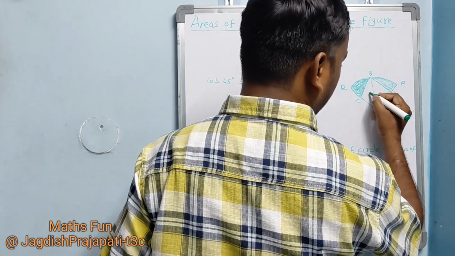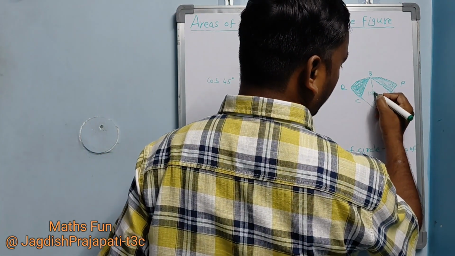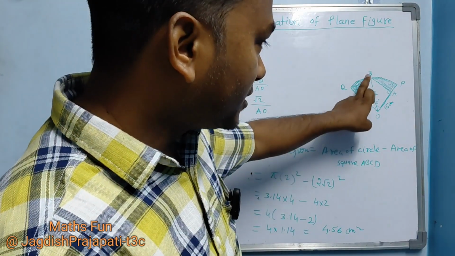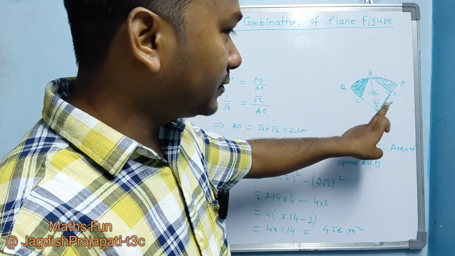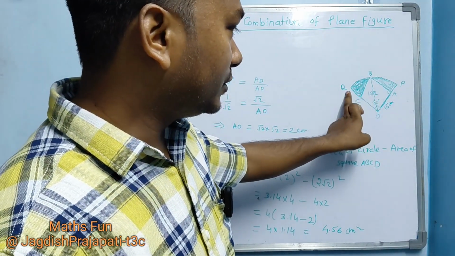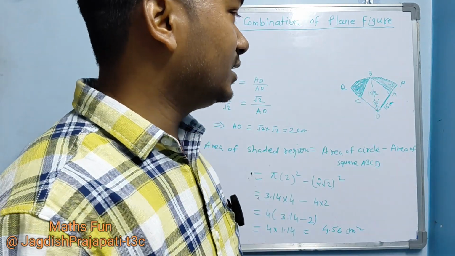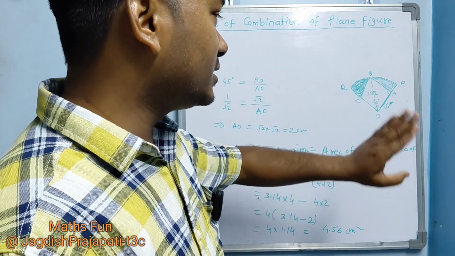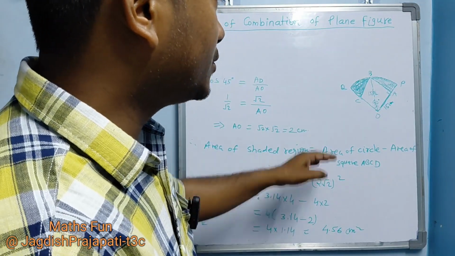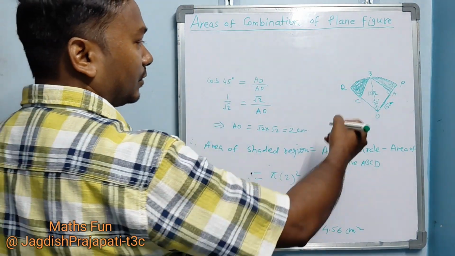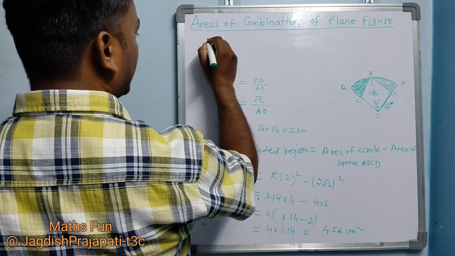And I think this will be 15 under root 2. So this is the radius of the circle. So these three are the same. These are the radius of the circle. So now you found the radius of the circle.